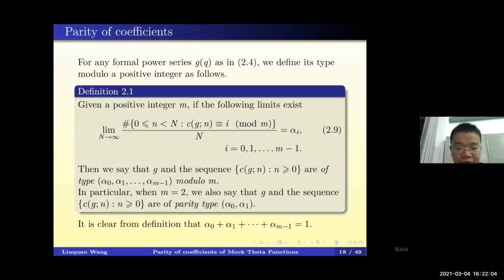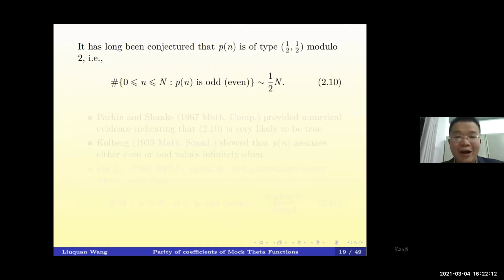And it is easy to see from the definition that all these densities add up to 1. As I have just said, modulo 2 is actually not that easy, because it has long been conjectured that the partition function p(n) is of type 1/2, 1/2 modulo 2. That is, it will take odd values and even values half of the time.